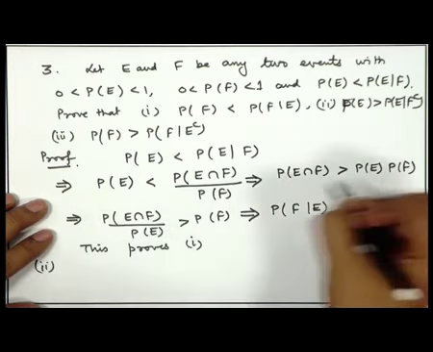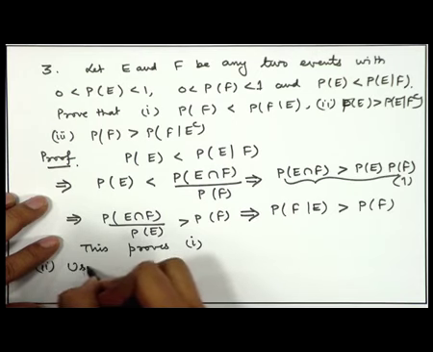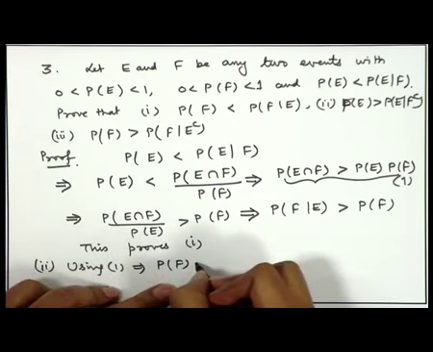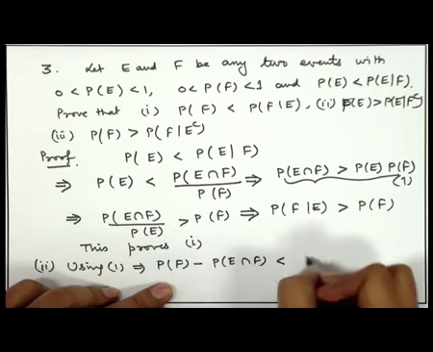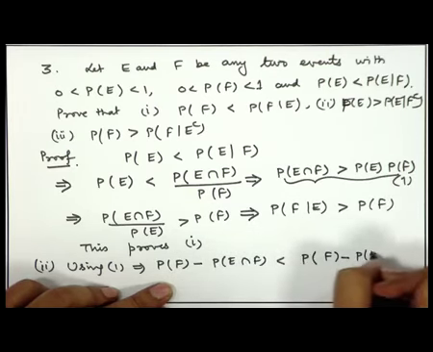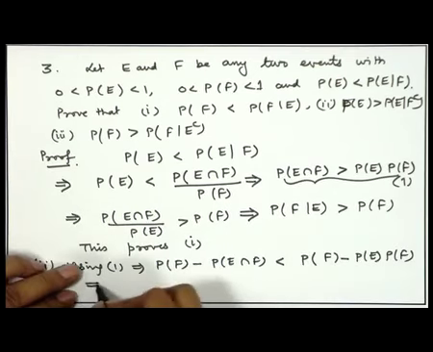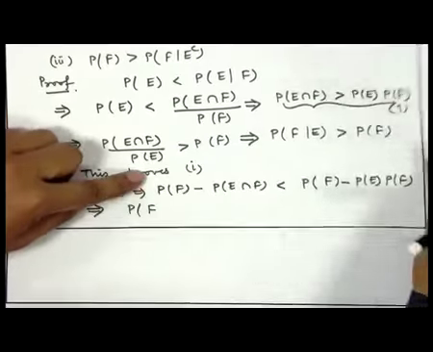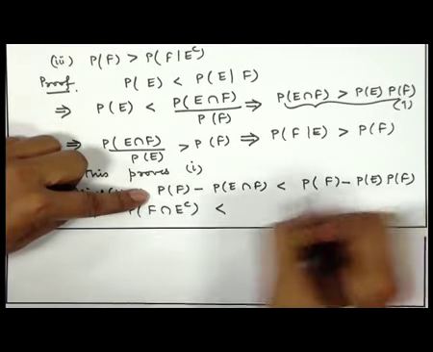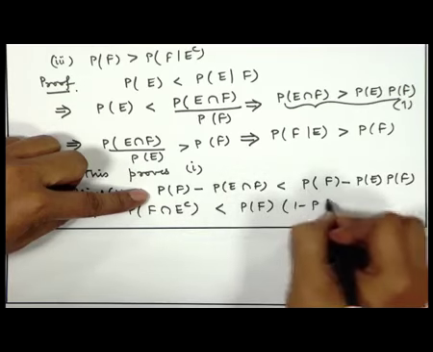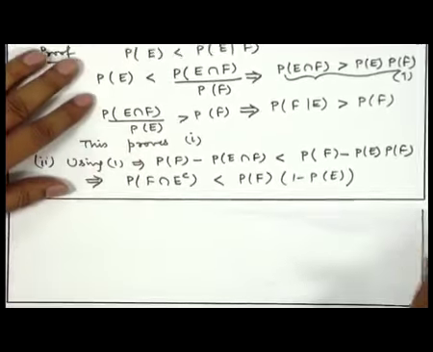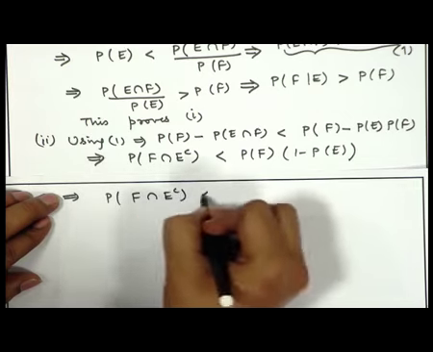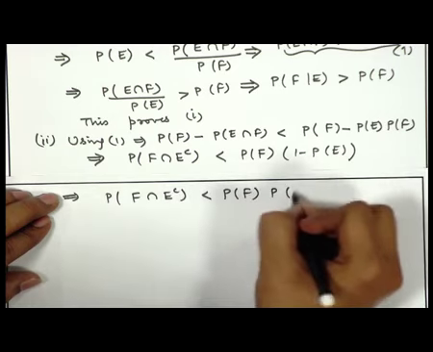If we use this equation, let me call it 1, we can consider probability of F minus probability of E intersection F. It will become less than probability of F minus probability of E into probability of F. So, this means the left hand side becomes probability of F intersection E complement, and the right hand side becomes probability of F into 1 minus probability of E. So, this is equivalent to a statement that probability of F intersection E complement is less than probability of F into probability of E complement.